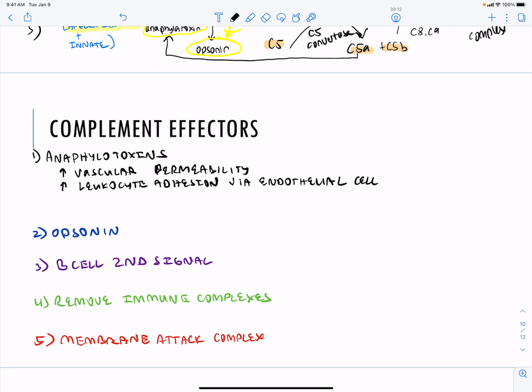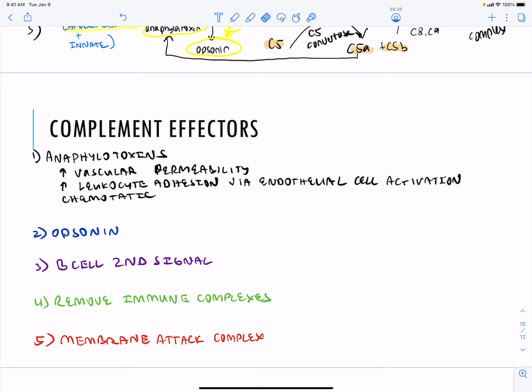Similar to what a macrophage does. They also are going to be chemotactic. And so leukocytes will have receptors for C5a and C3a on their surface, and they're going to chemotax towards a gradient.